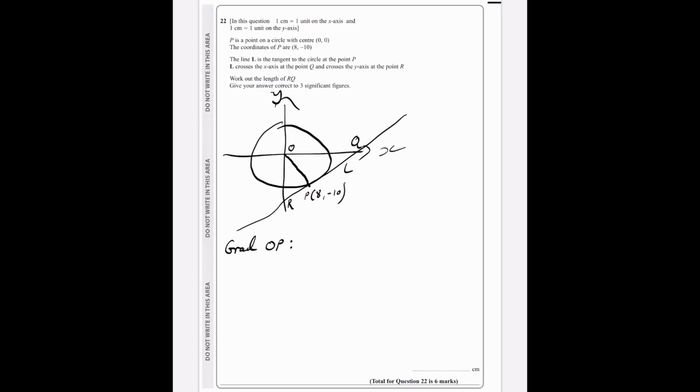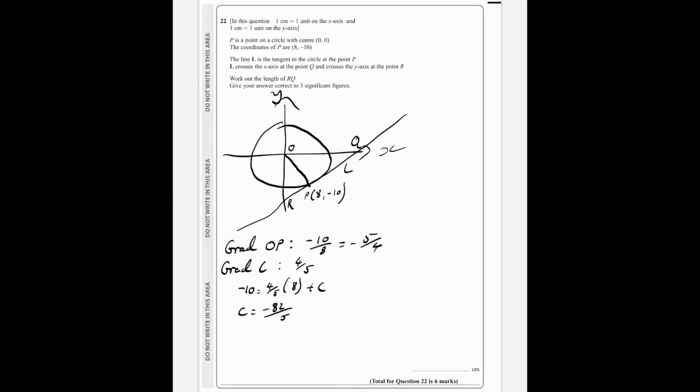The gradient of O to P is going to be negative 10 over 8, or if you prefer, negative 5/4. The gradient of our line L is perpendicular to that, so we're going to take the negative reciprocal of negative 5/4, which is 4/5. That allows us to construct the equation of line L. We know the gradient, we know that it passes through P, so we can substitute negative 10 and 8 into y equals mx plus c.